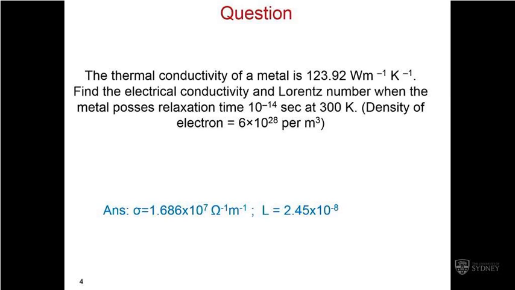And you can assume that the density of electrons is 6 times 10 to the 28 per meter cubed. And this is kind of a typical number for a good conductor, so you might want to have that number in your head. 10 to the 28 per meter cubed is a good conductivity of electron densities.